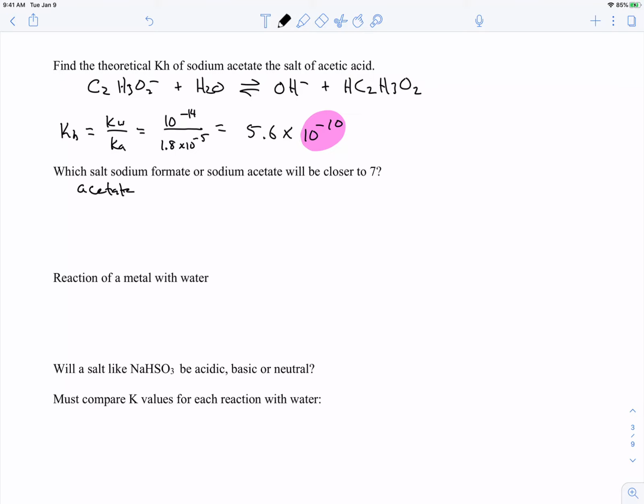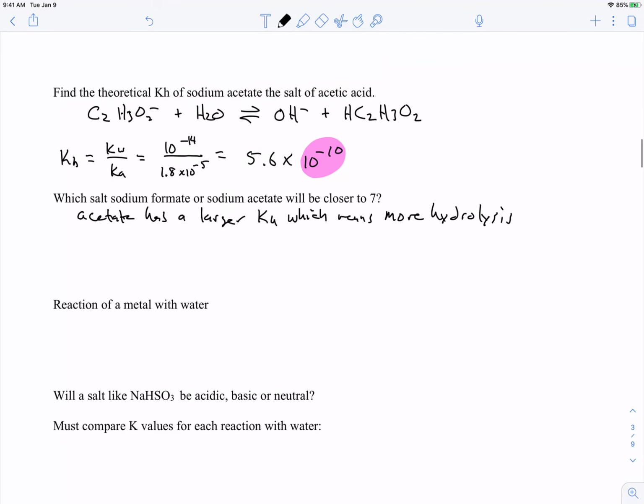Acetate has a larger hydrolysis constant, which means more hydrolysis. More hydrolysis means more hydroxide, since that's what's produced in both of these reactions, hydroxide. So, more basic.